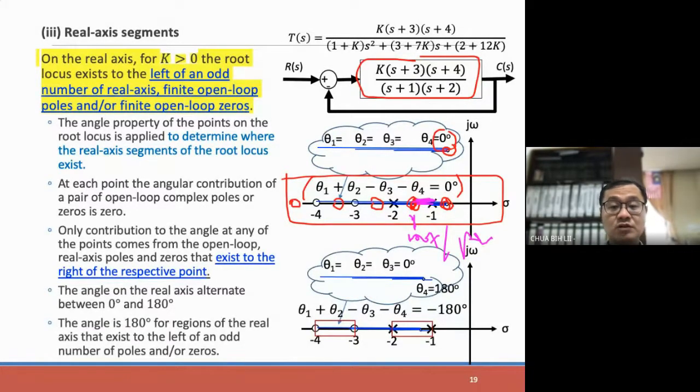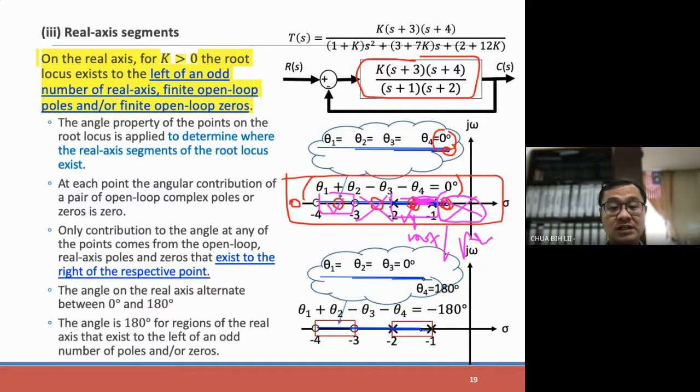So immediately you know that no poles will be located on this side, no poles on this side. But on this point, any point along this line, the poles will be located over here. Then you test over here, you will realize no pole will exist over here, but poles will exist over here.